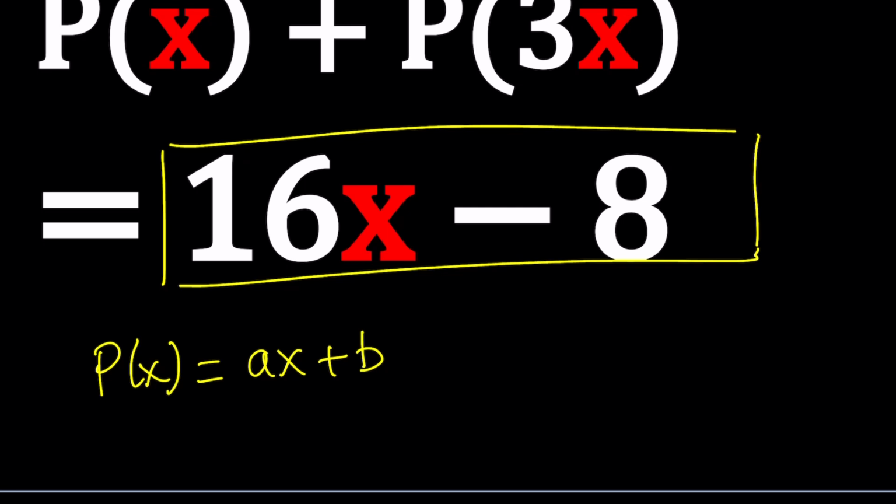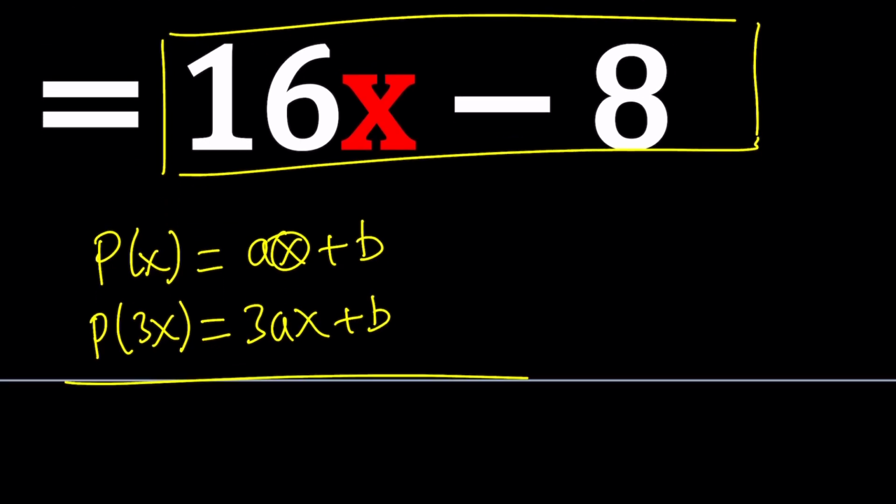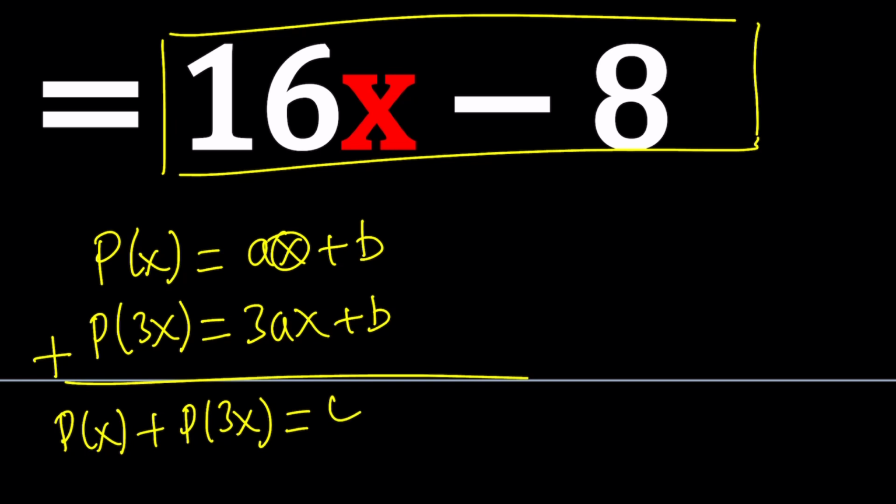A and b are real constants, and then we're going to evaluate p of 3x, which is 3ax plus b, because you're supposed to replace x with 3x. And now this sum, p of x plus p of 3x, equals 4ax plus 2b.